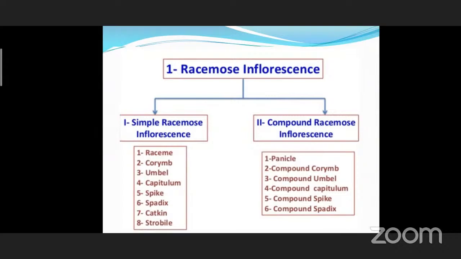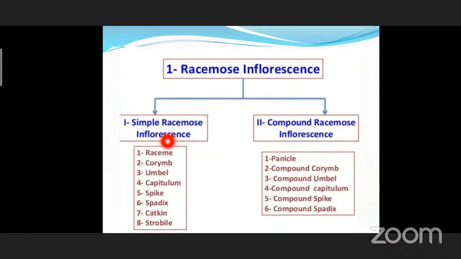What is simple racemose inflorescence? The main axis continues to grow and flowers are borne laterally in acropetal succession on the main peduncle. This is known as simple racemose inflorescence. On its branches is called compound racemose inflorescence, which also arises in acropetal succession.